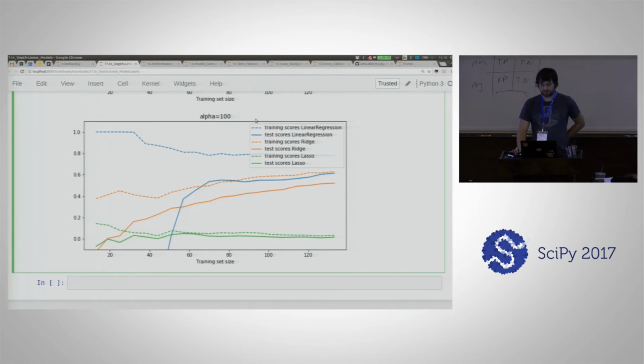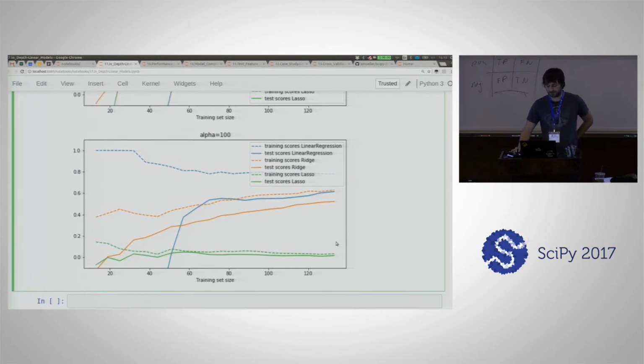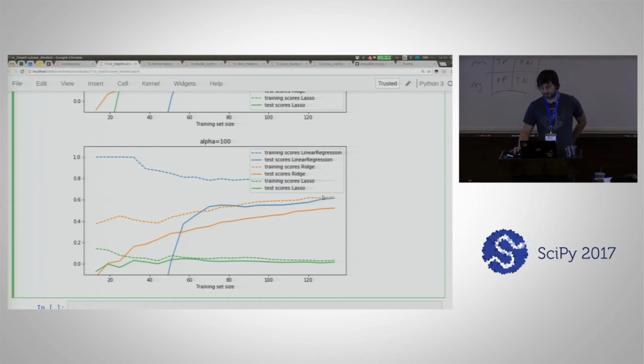And if you set alpha too large, you can see here in the Lasso case, it basically never learns anything. Probably all the coefficients are more or less 0 all the time, even if you have a relatively big training data set. So if you regularize too strongly, you might not get the same performance as if you didn't regularize. And here, even with Ridge, your performance is not as good.